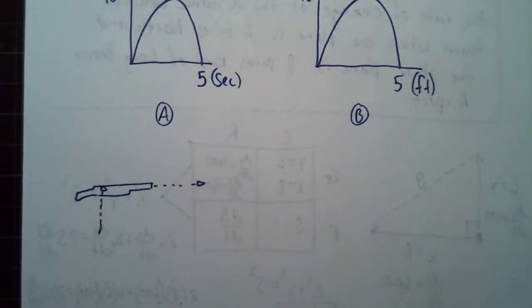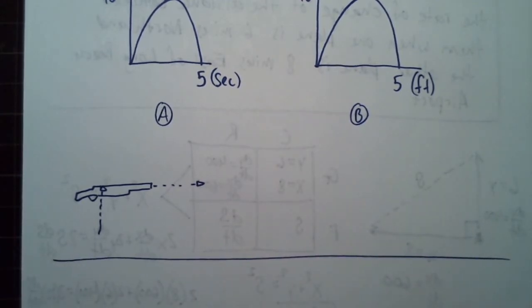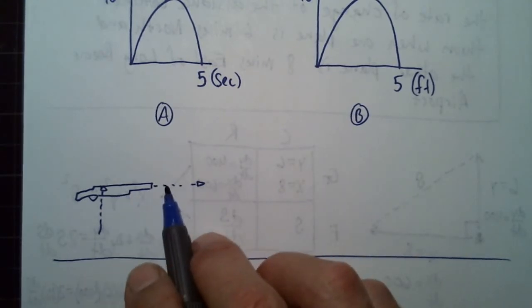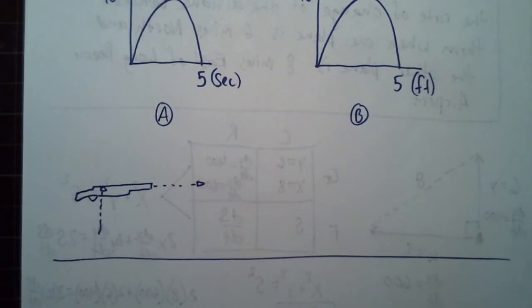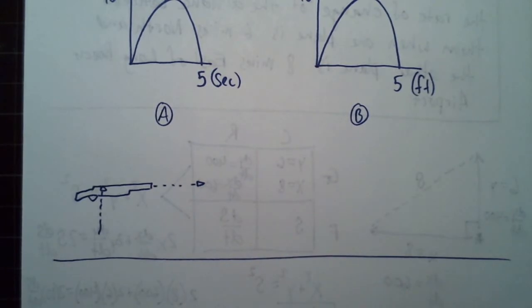And so the question is, what will hit the ground first? The rifle is shot horizontally. The bullet is fired horizontally, and the shell falls straight out. It doesn't go up and then come down.